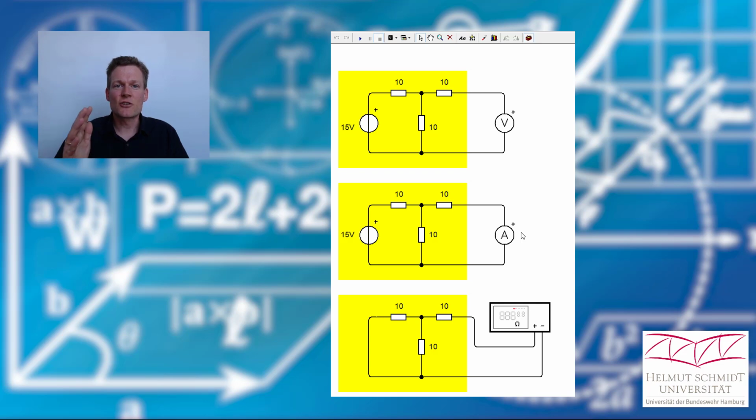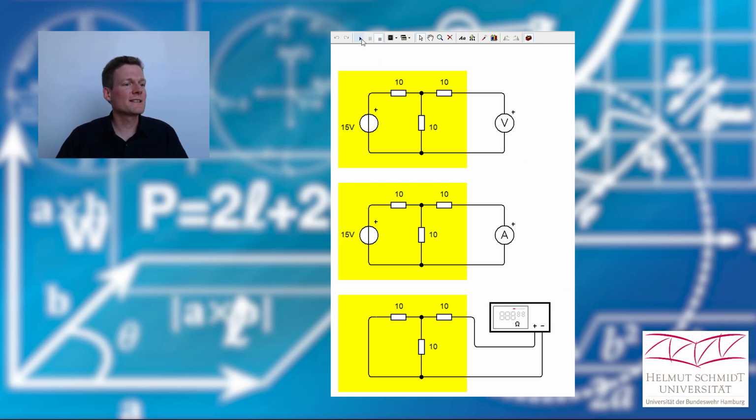It behaves like a short circuit, so we measure the short circuit current here. And in the last circuit, I deactivated the ideal voltage source, so it became a short circuit. And here I have an ohm meter, and we will measure the inner resistance of our circuit.